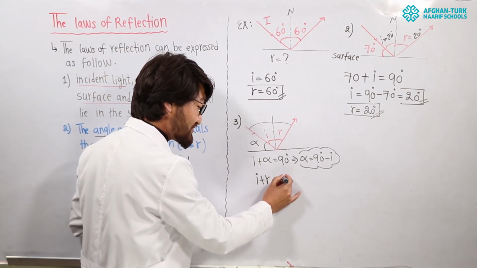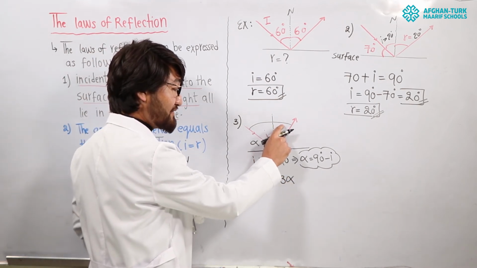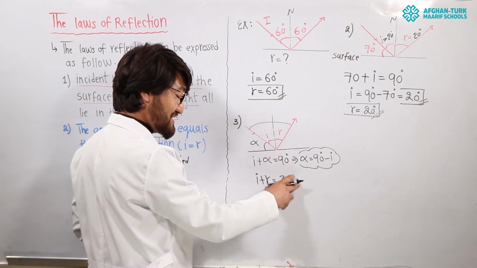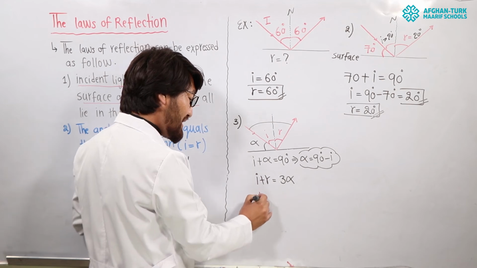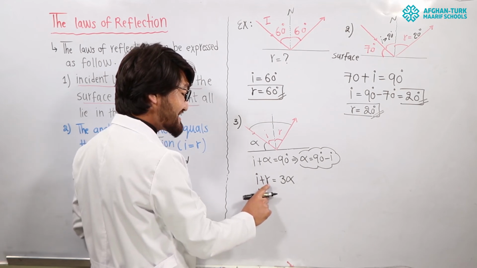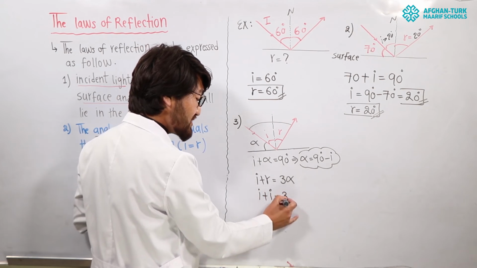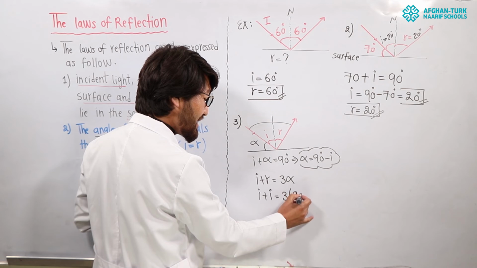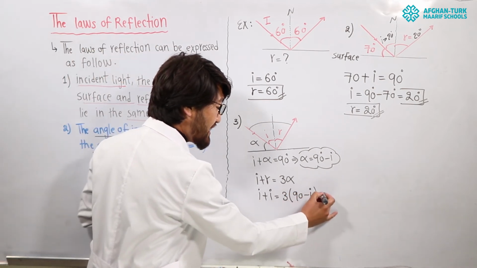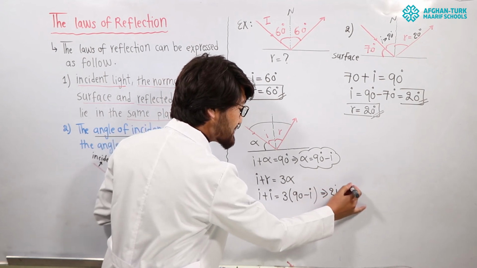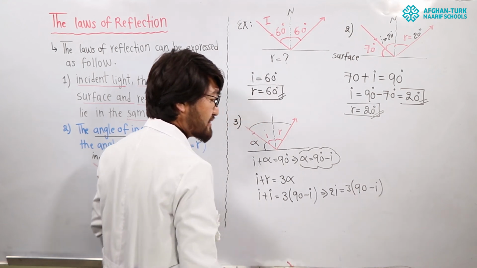Now, instead of R I put I because I is equal to R. 3 times alpha, what is alpha? 90 minus I. Okay, here we have 2I. 2I is equal to 3 times 90 minus I.